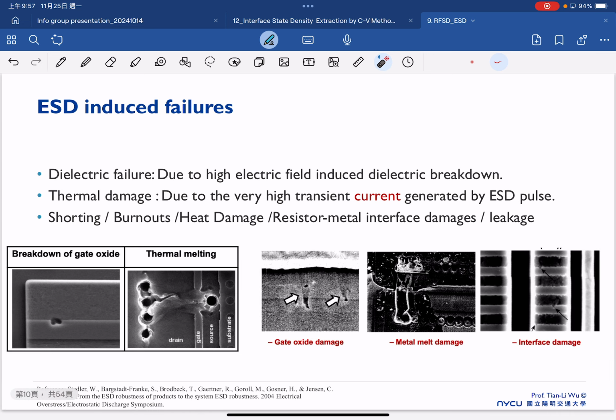Now we look at what would be the possible values that can be induced by ESD. So these are the ESD induced values here.